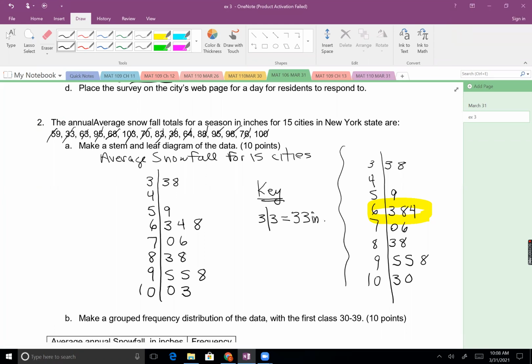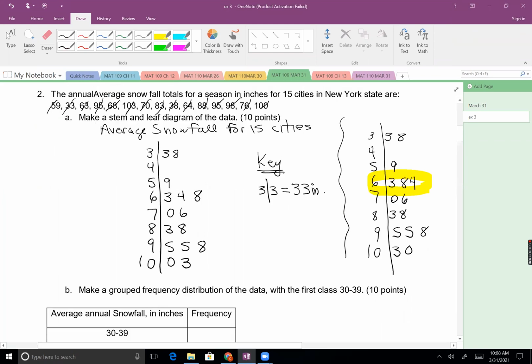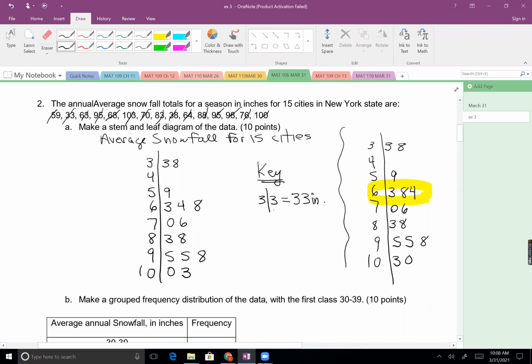Good. I'm good with that. Okay. What is that key thing that you just put in the middle? This is, again, in my labs, they don't ask you to do that, but if you are doing it by hand, it's a good idea. Because remember when you first looked at a stem and leaf diagram, the very first time you saw it, you didn't know what it meant.